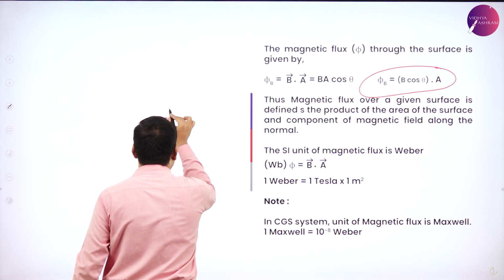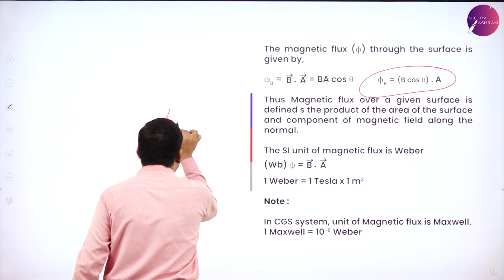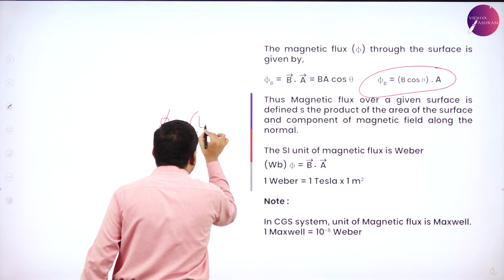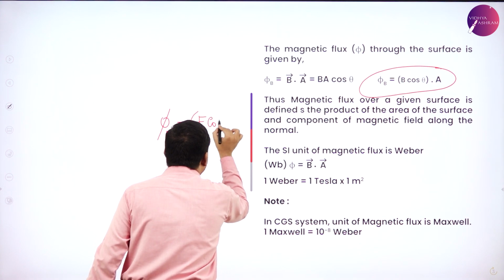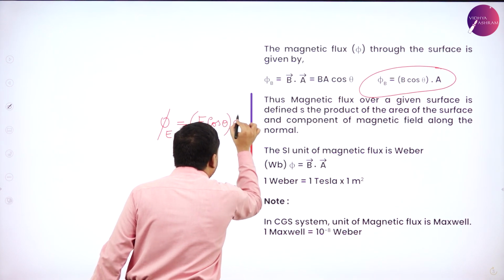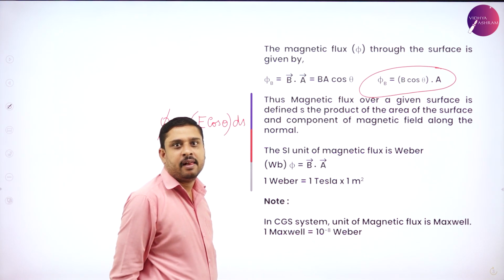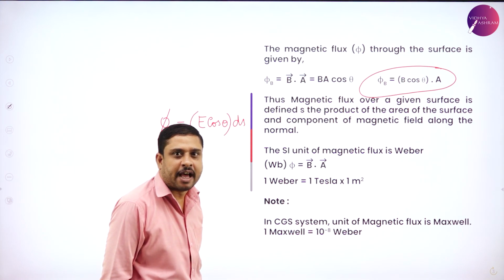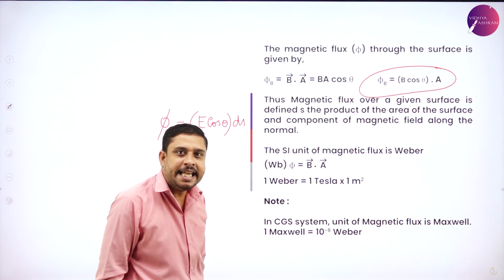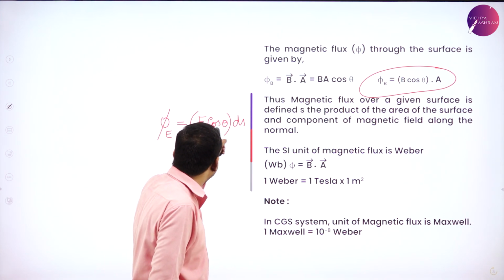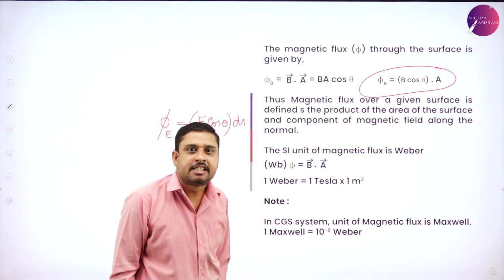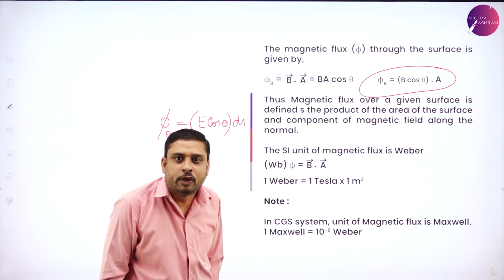Electric flux across a given surface is E cos theta into dS. If you analyze back, the electric flux through any given surface is E cos theta into dS.